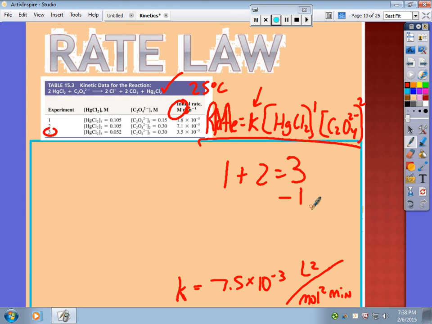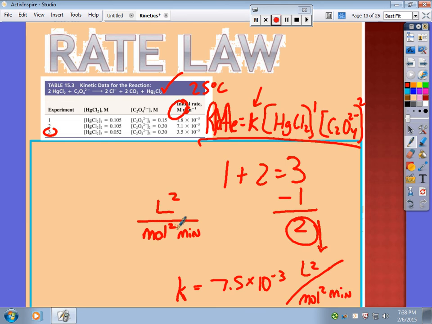So I'm going to take my overall order and subtract 1, which gives me 2. And if you notice here, this matches my squared. So I solve for my value, and then I take my liter mole minute, or liter mole second, whatever the time unit is, and this becomes the exponent.